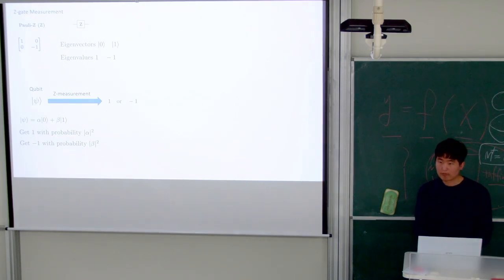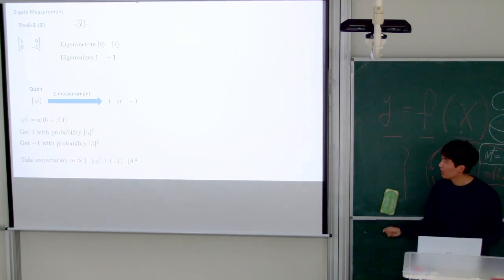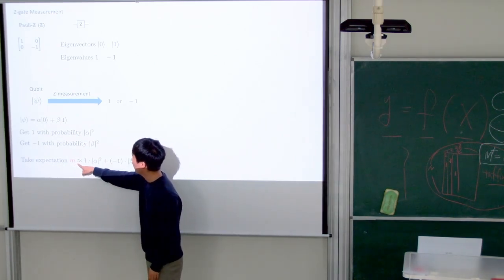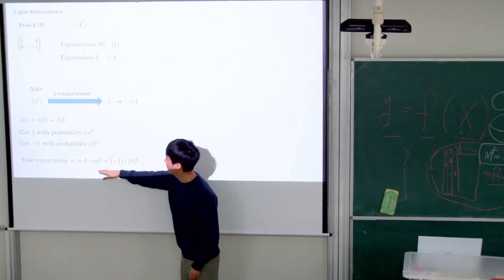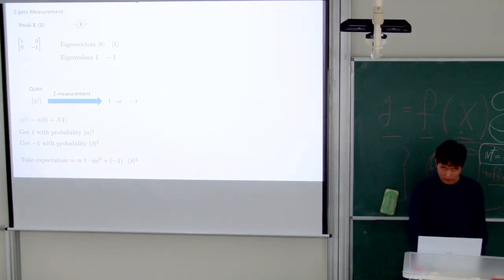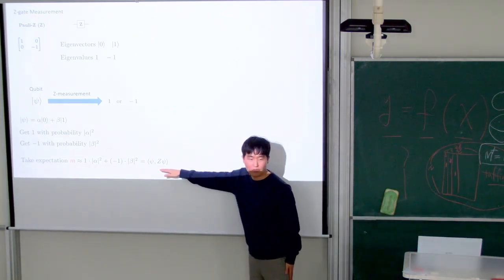But we have only one chance to measure it, so actually we don't know what our prepared state is. However, if we do this to many qubits and do it many times, then we can take some kind of expectation, and indeed it will approximate the expectation. Actually, this is equal to these quantities.